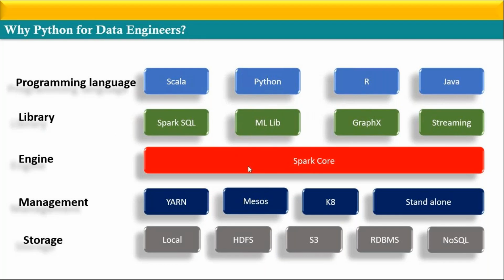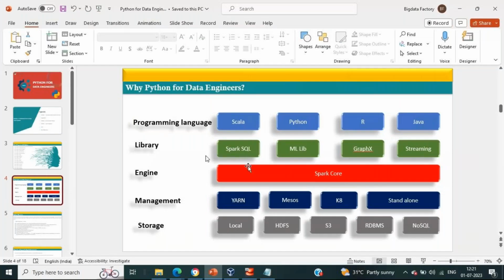So that is why we need to go through Python and why Python is mandatory, because we need to code for Spark. And for Spark, we are going to utilize the PySpark API. And in order to learn PySpark, we must have knowledge of Python.